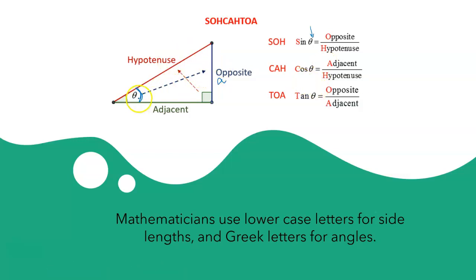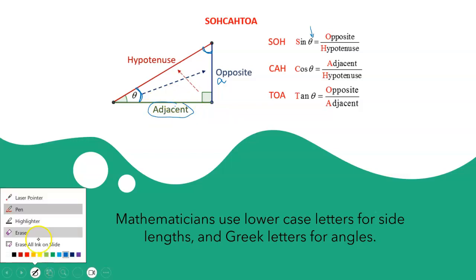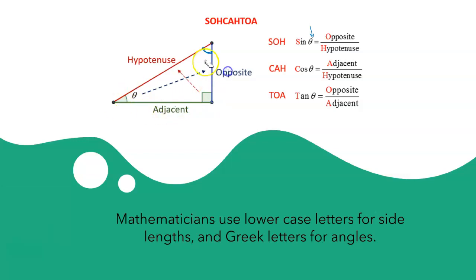That's the soh part. If I'm using this other angle, I would be using the adjacent, the one labeled as opposite for the first angle. So it matters where our angle is, so we have to pay attention to that. Soh-cah-toa is how we remember those ratios from Algebra 2.